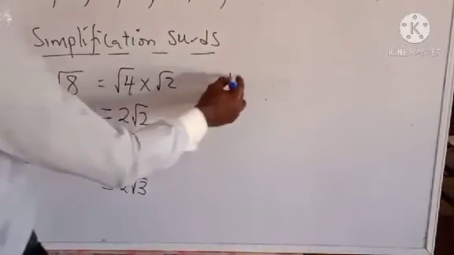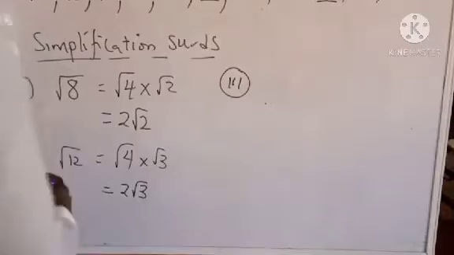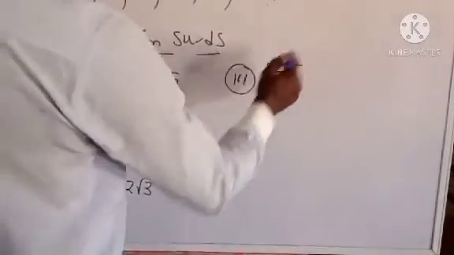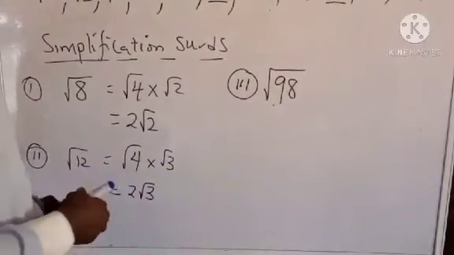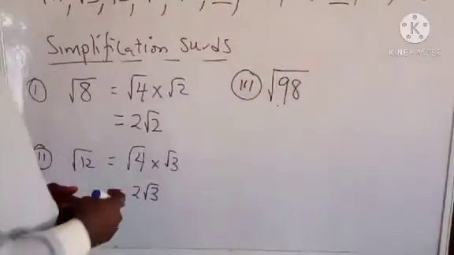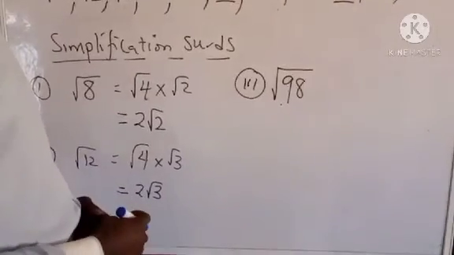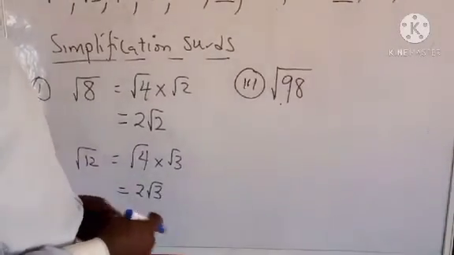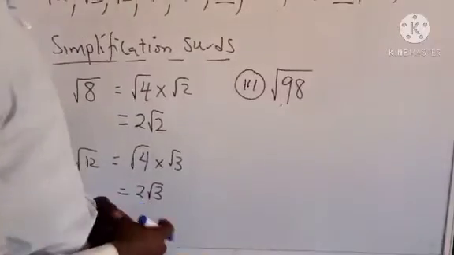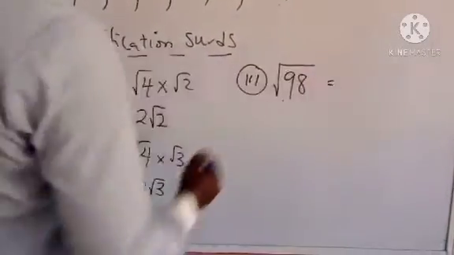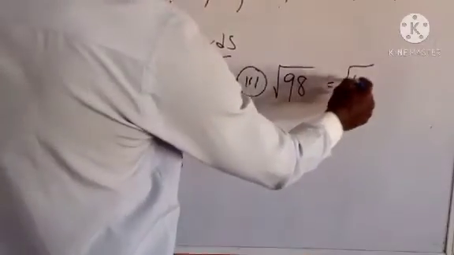Let's take one more example before we say bye to simplification of surds. Another example that I'd like us to take is root 98. So for 98, you need to think of two numbers which when multiplied will give 98, and one out of the two numbers must be a perfect square. Since 98 is an even number, try dividing by 2. When you divide 98 by 2, what you will get is 49.